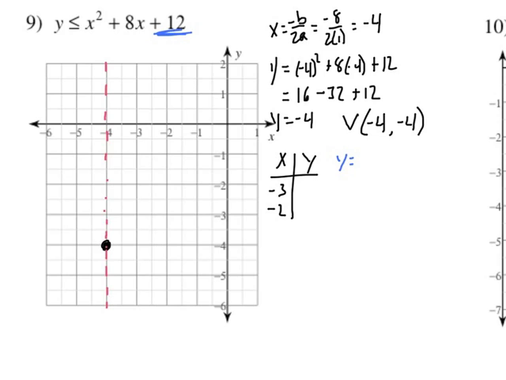Y equals negative 3 squared plus 8 times negative 3 plus 12. 9 minus 24 plus 12. So we have what, negative 3? And plugging in negative 2.